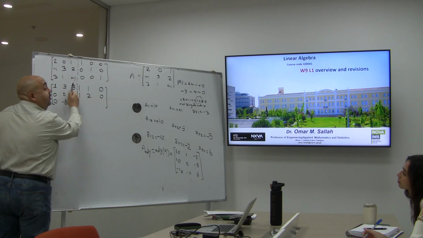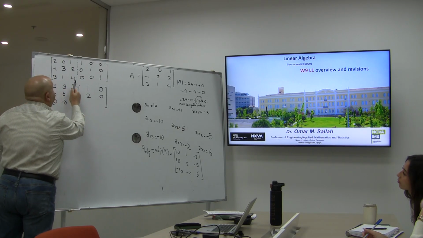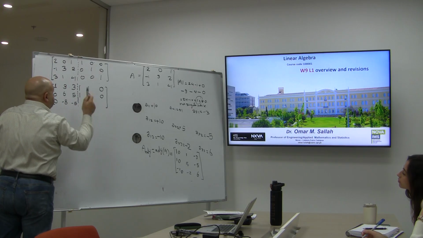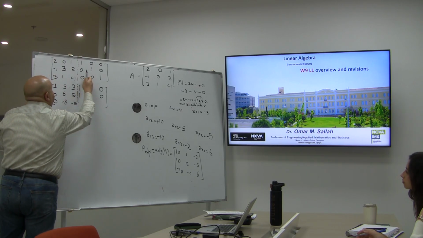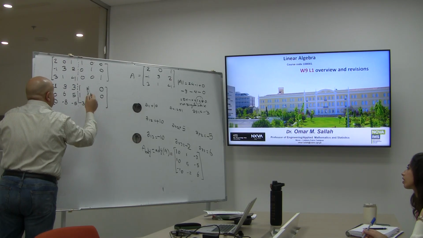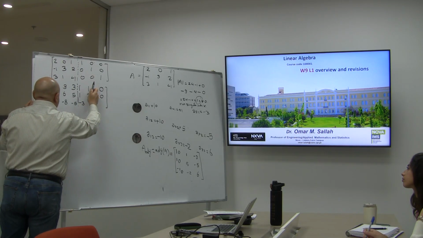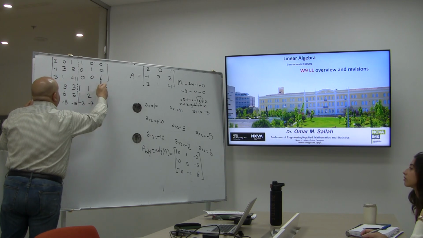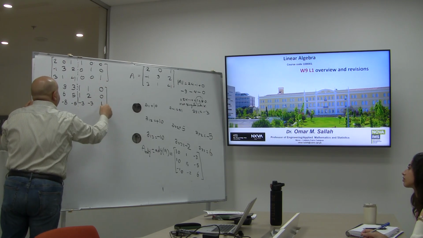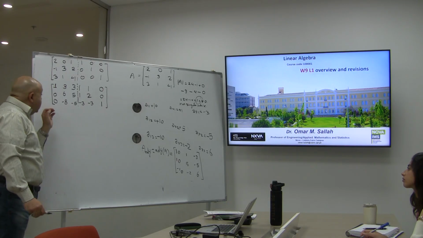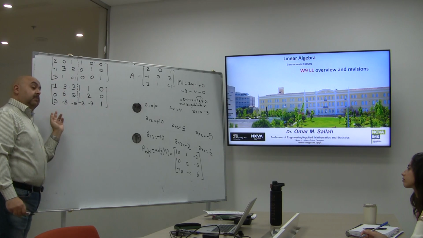Negative 3 times 3, negative 9, plus a 4, the result will be negative 5. Once more, negative 3 times 1, negative 3, plus 0, the result will be negative 3. Negative 3 times 1, negative 3, plus 0, so the result will be negative 3. Negative 3 times 0 plus 1, the result will be 1. Okay, I've adjusted the first column.